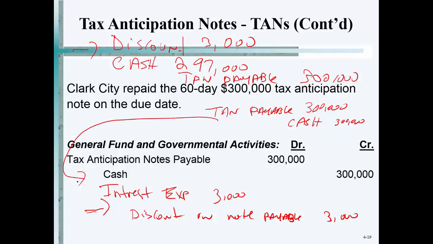This was right there. They debit the tax anticipation note payable, then credit the cash. What I had a problem with in the book is they didn't show you the interest expense for the difference between the amount you borrowed and what you ultimately paid back. That difference is a debit to interest expense and a credit to the discount, right?